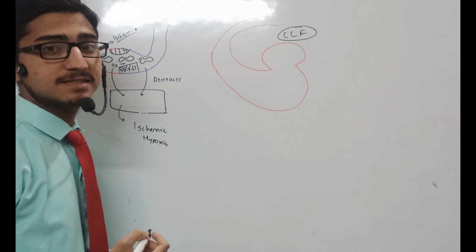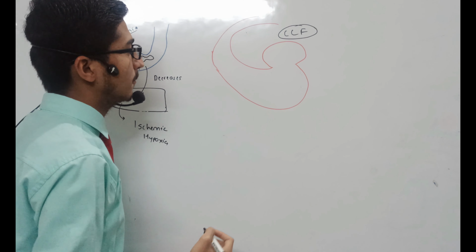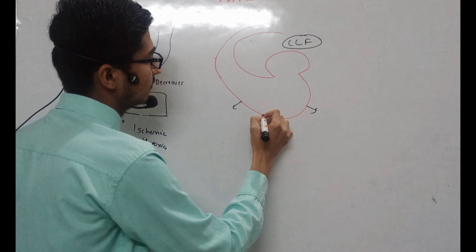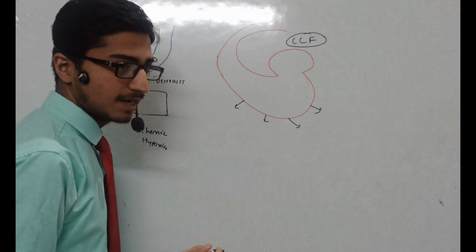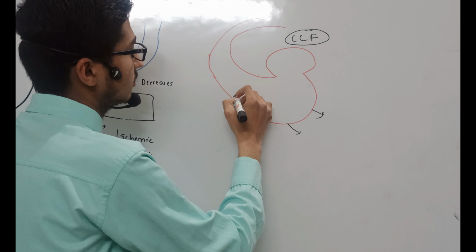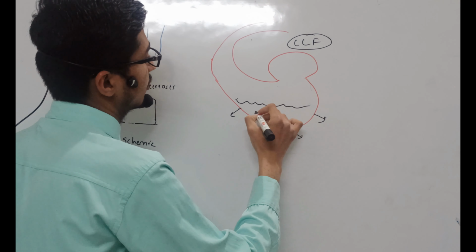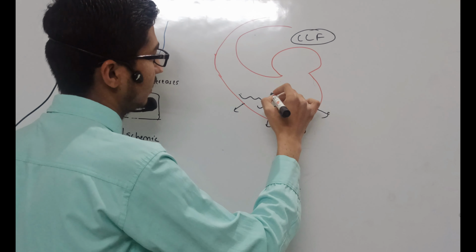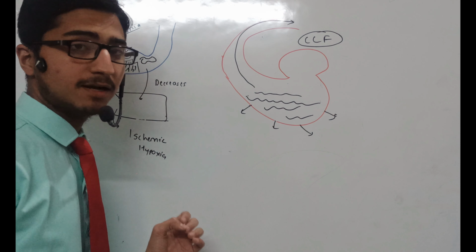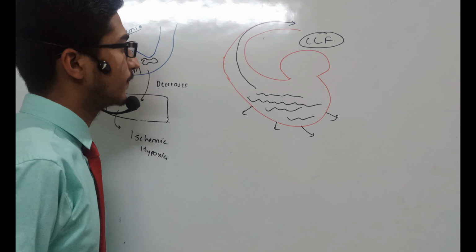Now what happens in congestive cardiac failure? The muscles of the left ventricle become weak and they are not able to pump the blood properly. So there occurs accumulation of blood inside the left ventricle. They will not be able to move the blood to the whole system.